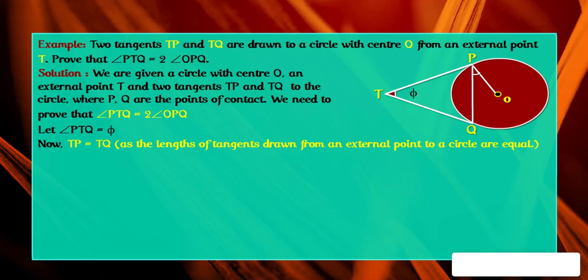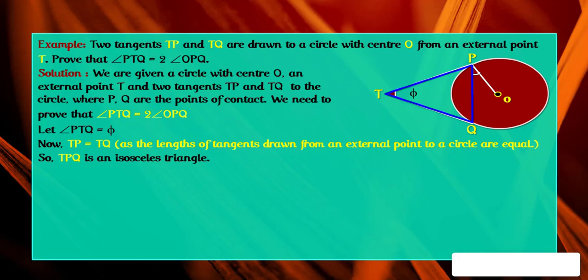Now, TP is equal to TQ, as the lengths of tangents drawn from an external point to a circle are equal. So TPQ is an isosceles triangle.